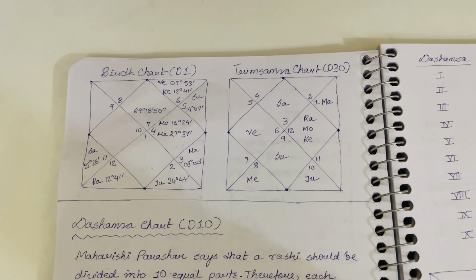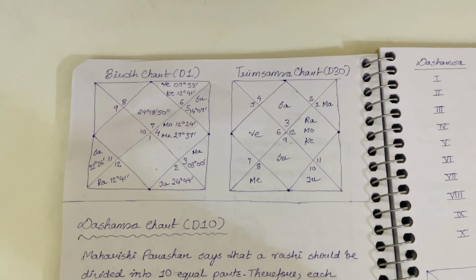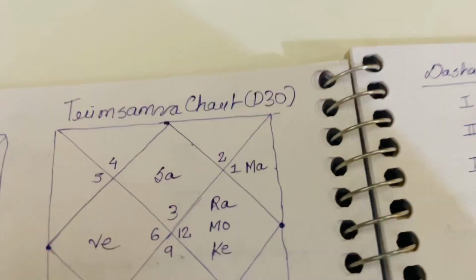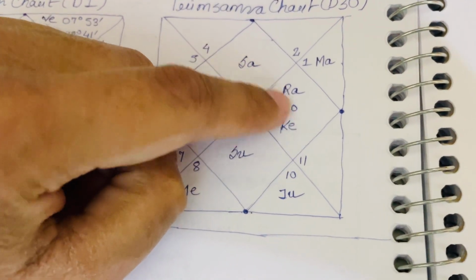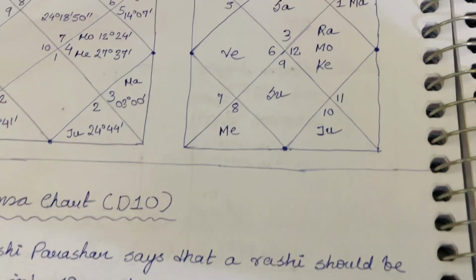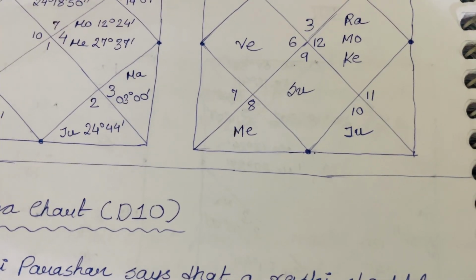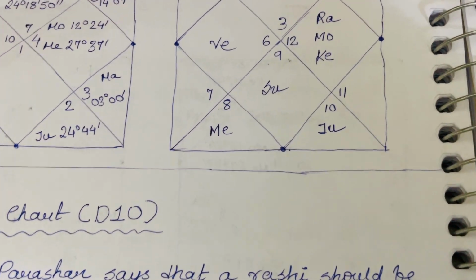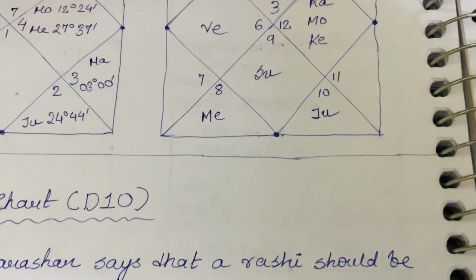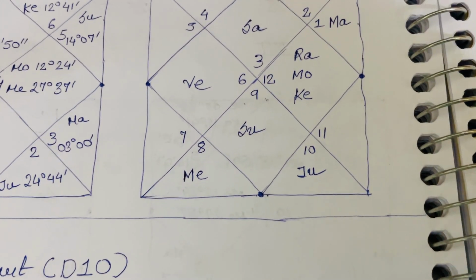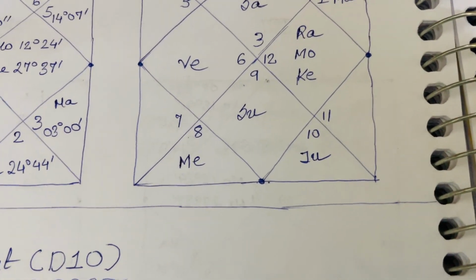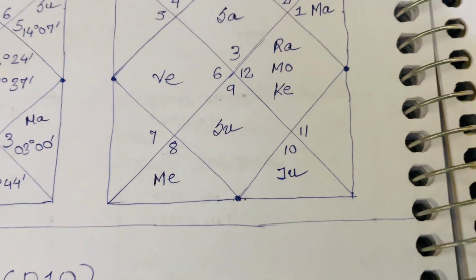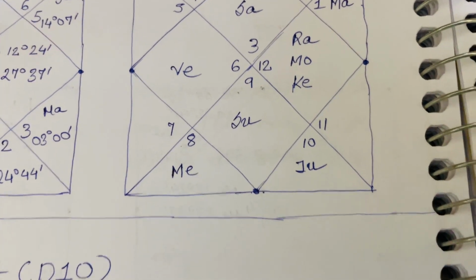In the Trimsamsa chart also, Rahu and Ketu are placed in the same house. So always you will find in the Hora chart as well as in the Trimsamsa chart, Rahu and Ketu are always placed in the same house, or you can say in the same sign. Remember this for knowledge.